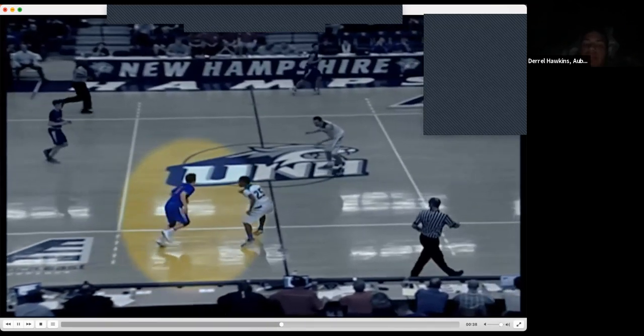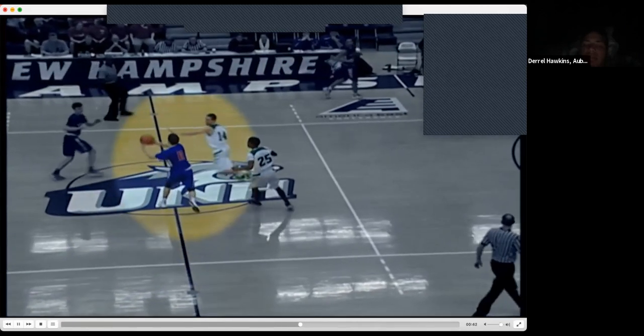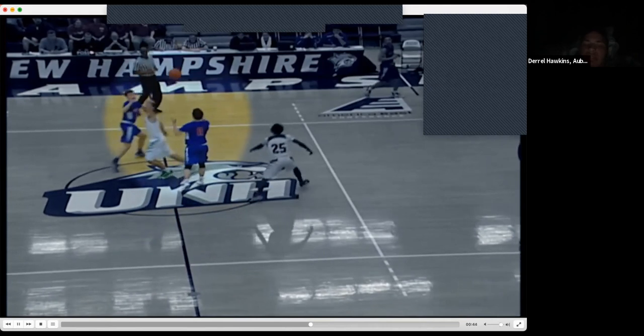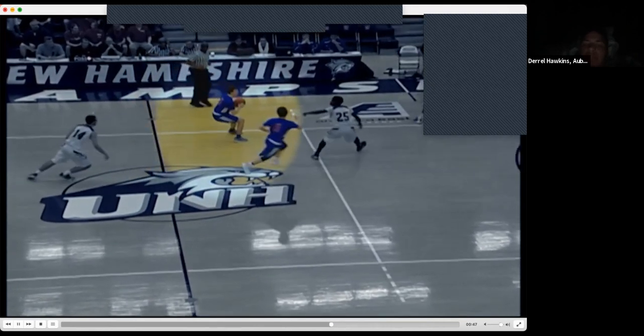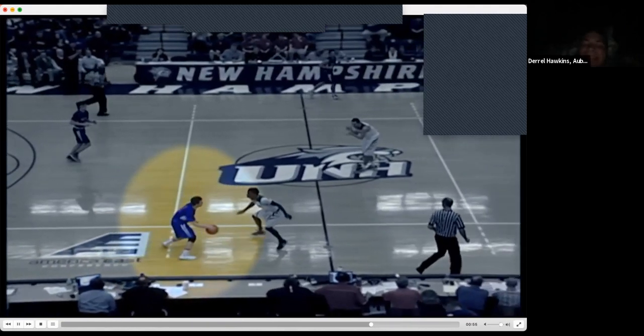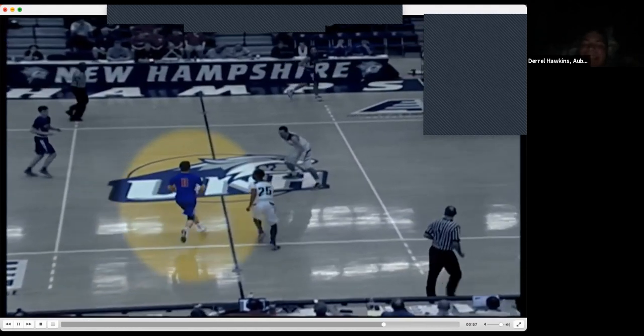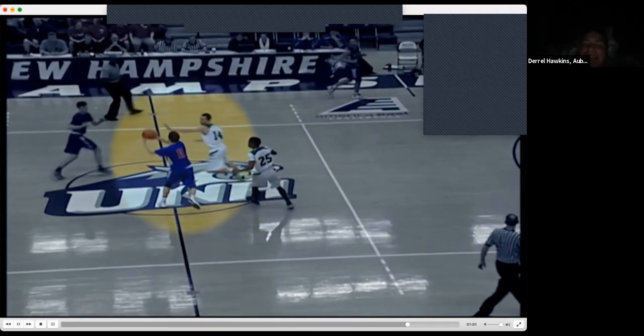Players who are dribbling gain front court status when both feet and the ball touch in the front court. On this play, number 1 in blue never achieves front court status before passing to an airborne teammate.